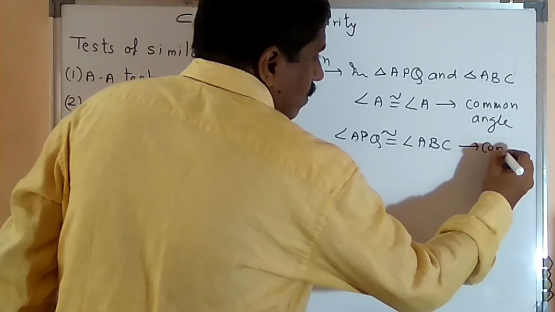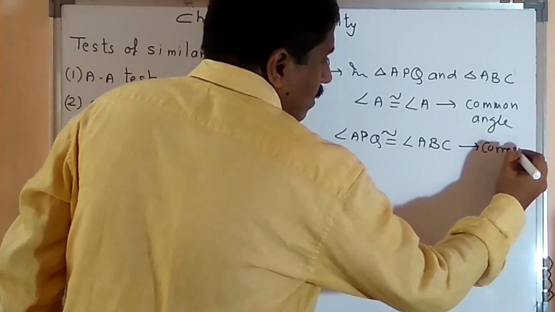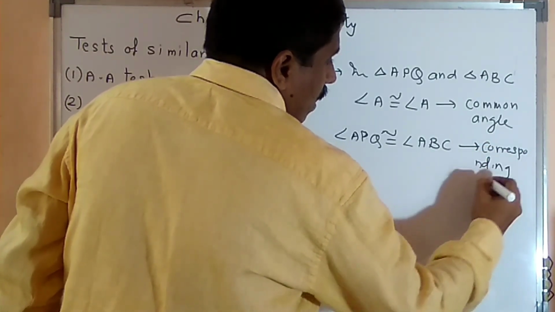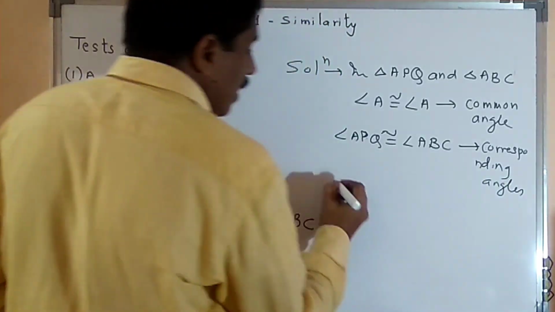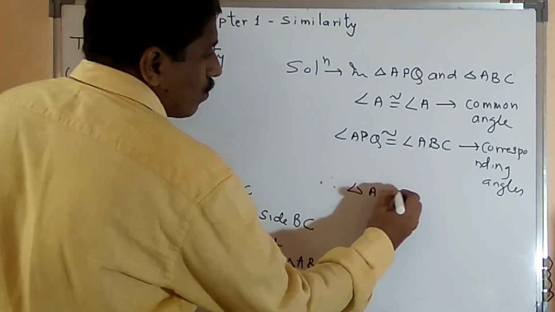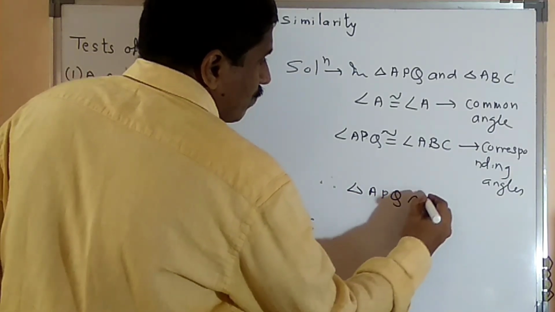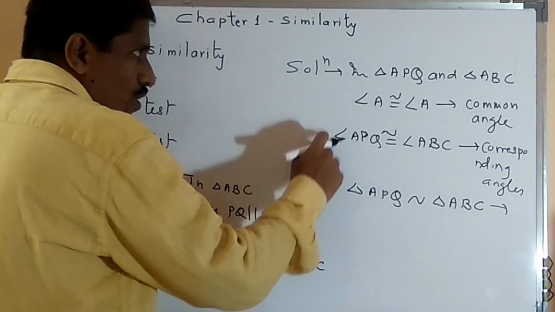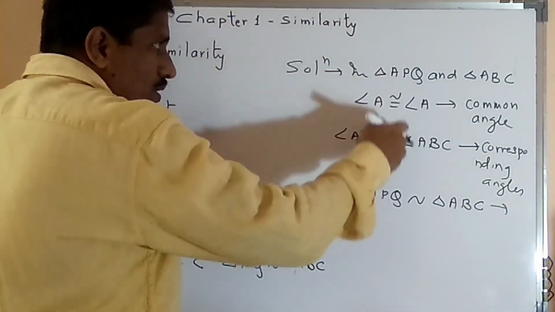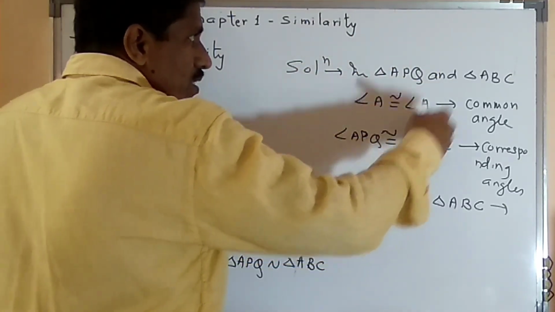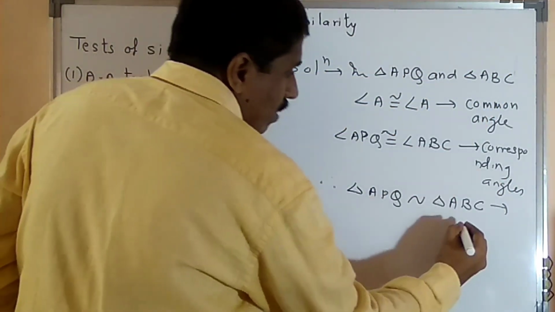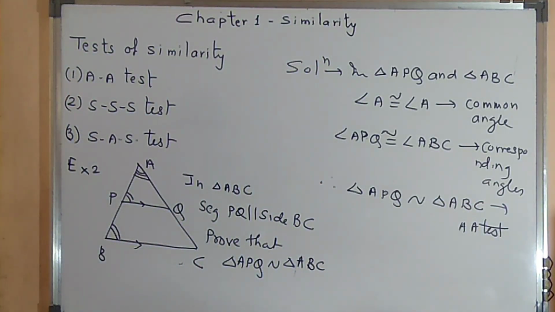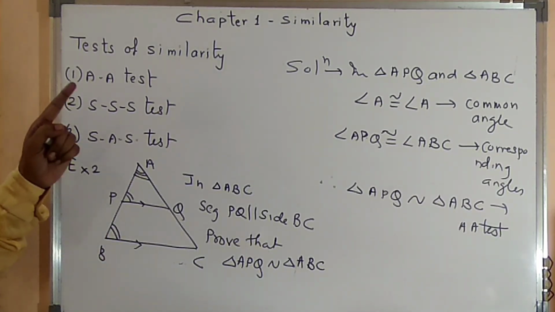Reason for this is, as the sides are parallel, corresponding angles are congruent, and therefore triangle APQ is similar to triangle ABC since 2 angles of one triangle are congruent to 2 corresponding angles of another triangle, and therefore triangles are similar. AA test of similarity. Pause the video and write down.